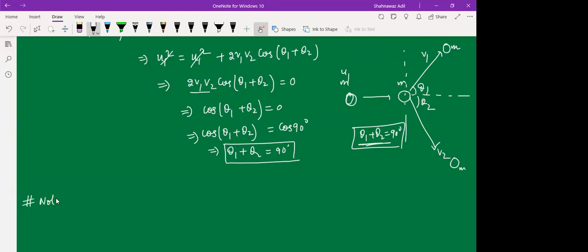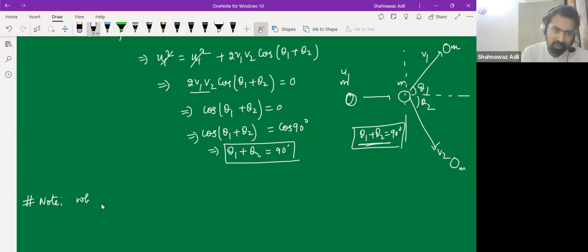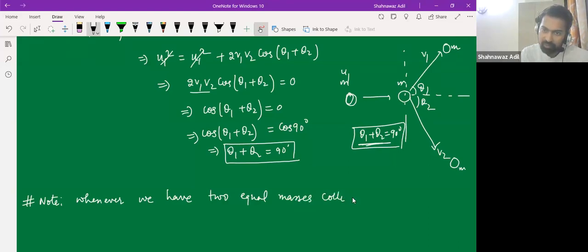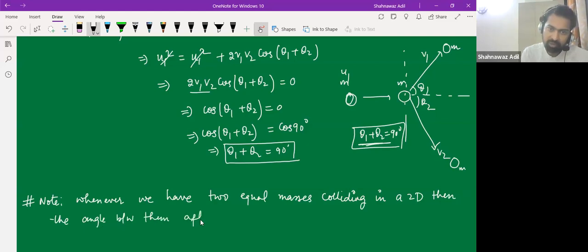So whenever we have equal masses colliding in two dimensions, the angle between them after collision is 90.